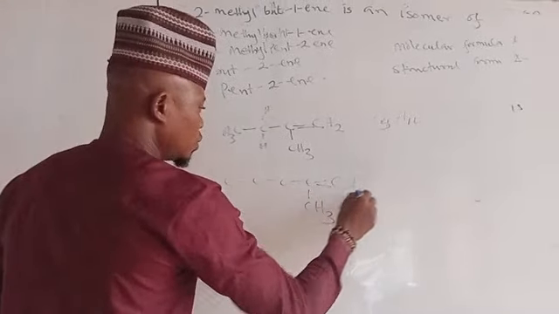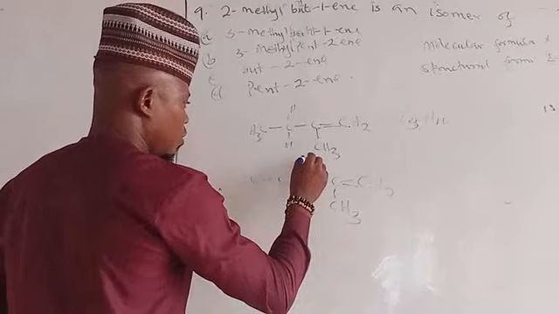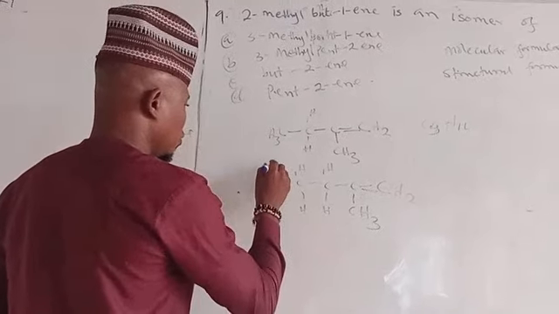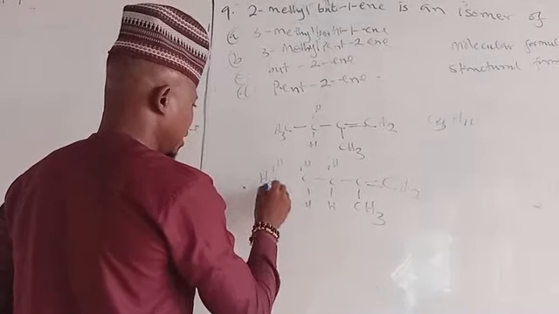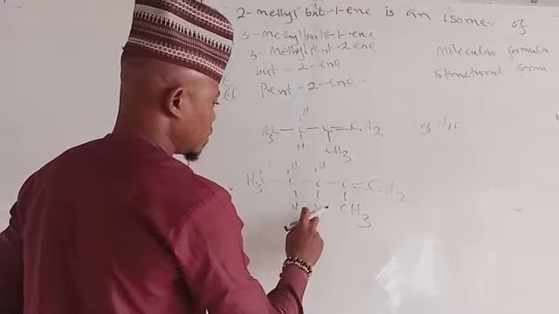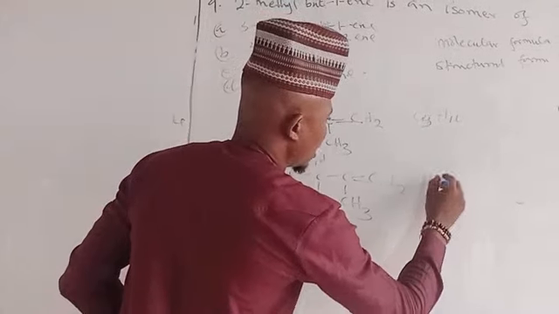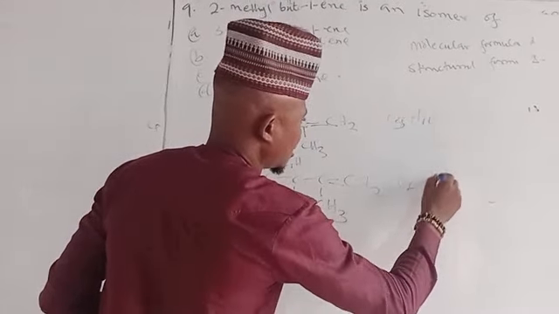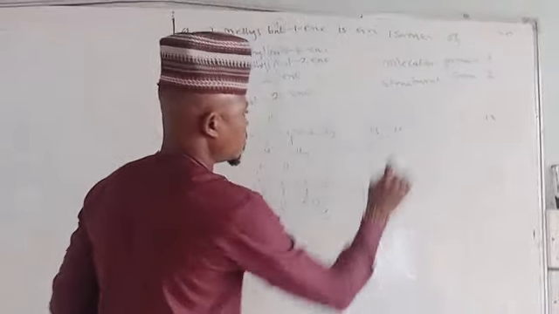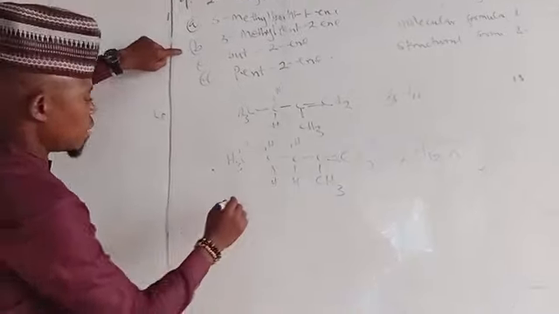We fill it with hydrogens. Let's count the hydrogen: 12. So we're going to have C6H12. So this is not correct because it does not have the same formula as this. Let's go to the second one.